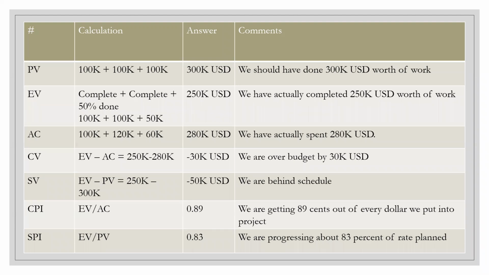Like instead of CPI equals EV by AC, you may calculate AC by EV, and you may think it's correct. And why you will think it's correct is that PMI will give you that answer also in the multiple choice. Let's say the answer is 1 by 2, which is 0.5, and you make the inversion like 2 by 1, which is 2.